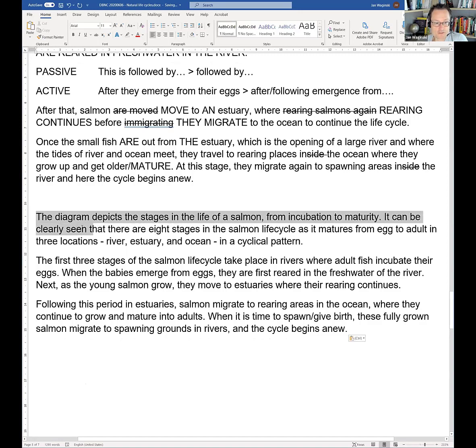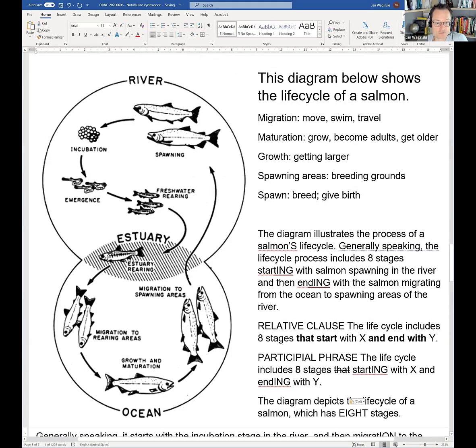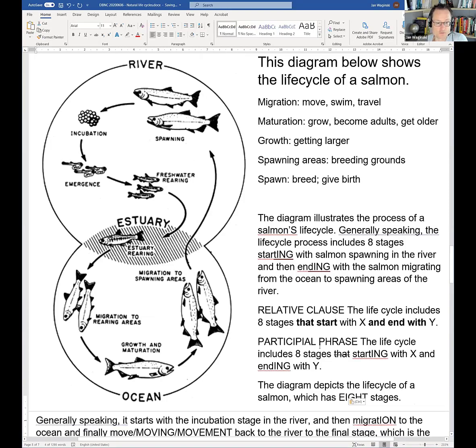It can be clearly seen, that's a good phrase to use, it takes care of passive voice, that there are 8 stages in the salmon life cycle as it matures from egg to adult in 3 locations, river, estuary, and ocean, in a cyclical pattern. I would add this too, because the purpose of the diagram is to show that this is a never-ending cyclical pattern.